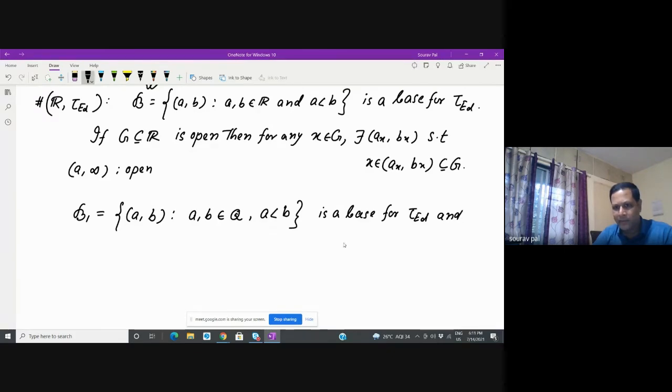And we have that this B1 is properly contained in B, okay? Because given any open set, you can find a member from this collection. You can find an open interval with rational endpoints such that this will happen, right?